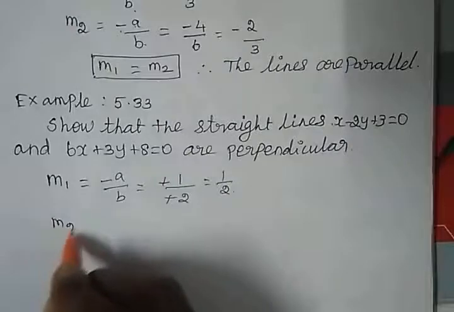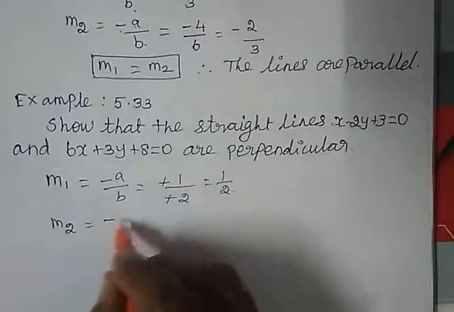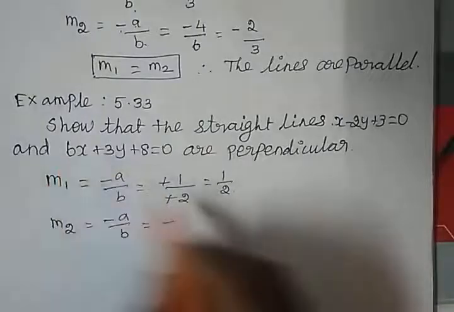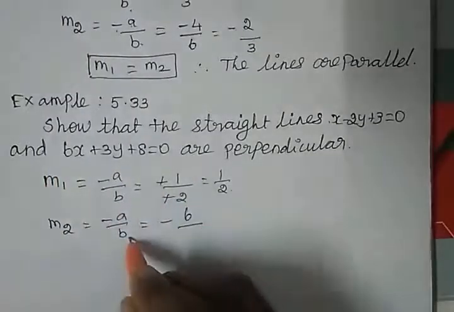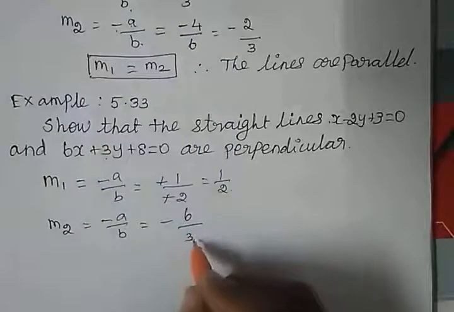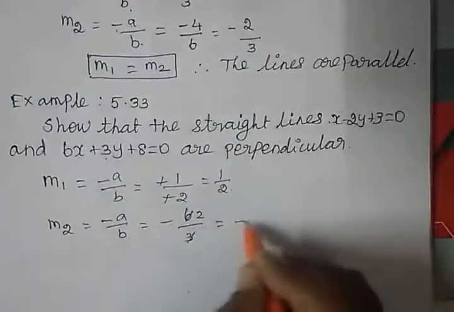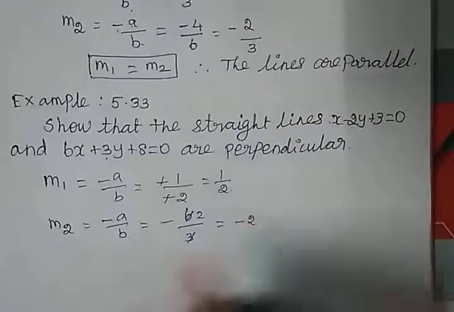The slope of the second line, m2, is equal to minus a by b. Here the coefficient of x is 6 and the coefficient of y is 3. 1 3 is 3, 2 3s are 6, so that is minus 2 by 1, or minus 2.